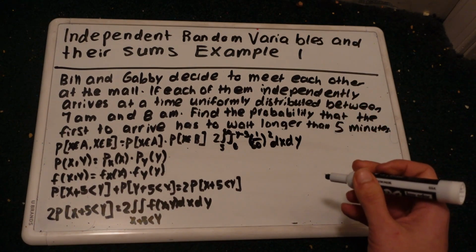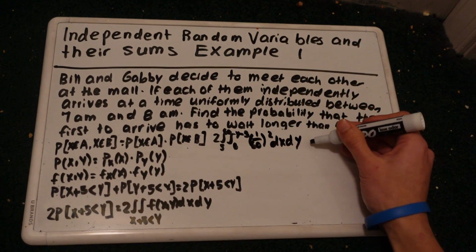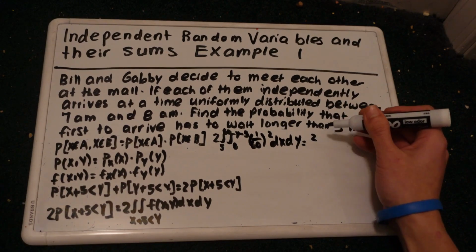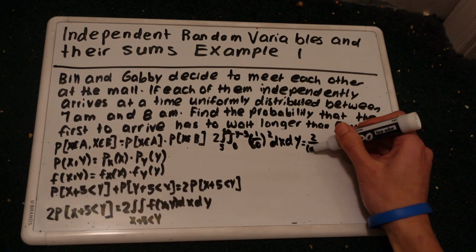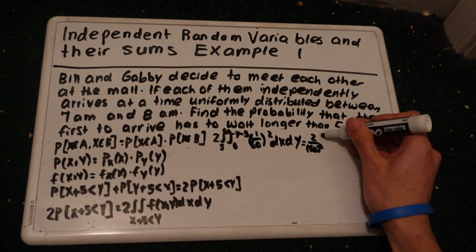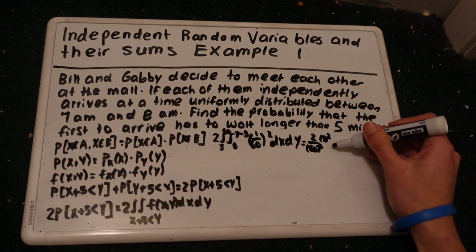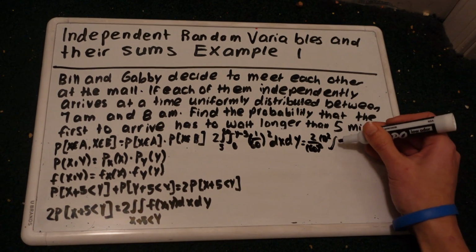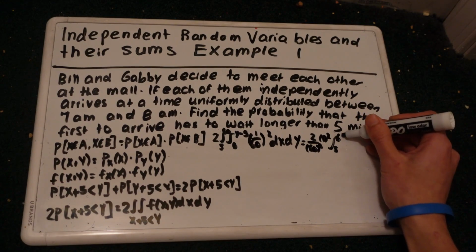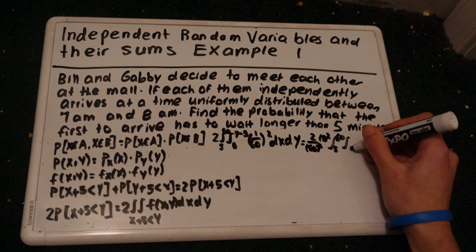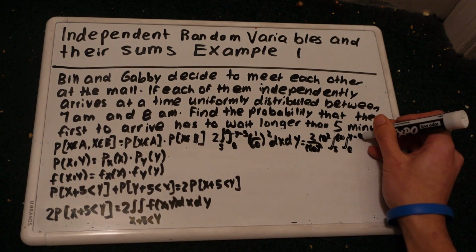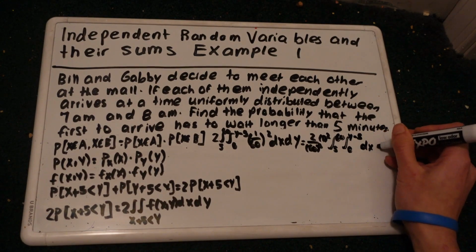And the first thing I like to do is take out this 1 over 60 squared to make it easier. So that would be 2 over 60 squared times the integral from 5 to 60 of the integral from 0 to y minus 5 dx dy.